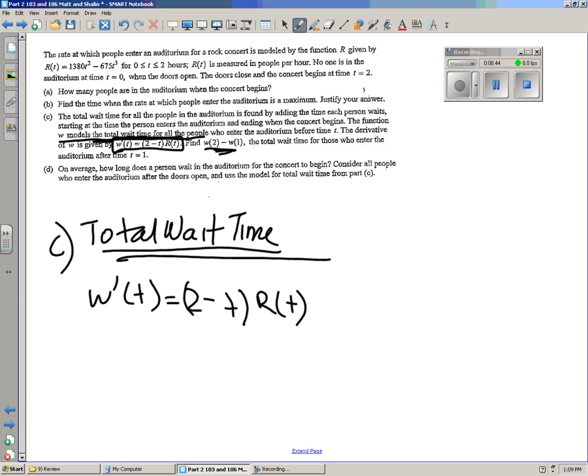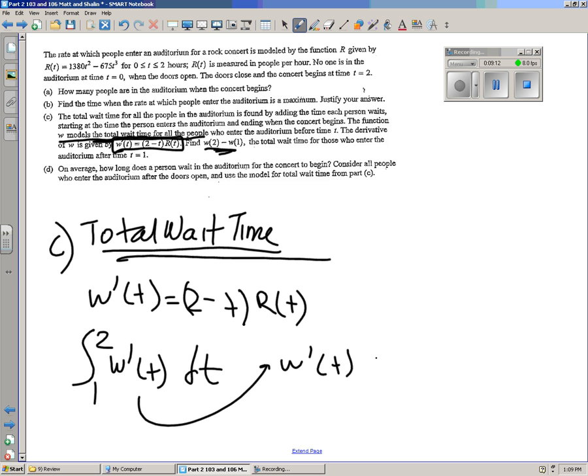So what you're going to do here is take the integral from 1 to 2 of W prime of t, r dt, and evaluate that. So this is what you're going to put into your calculator. But you have to know that W prime of t, as the question states, is 2 minus t times r of t.